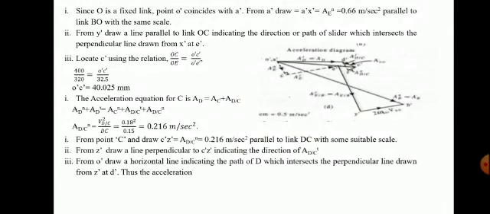From O, you draw a horizontal line indicating the path of D, which intersects the perpendicular line drawn from Z dash at D dash. Thus the acceleration equation, you got it.